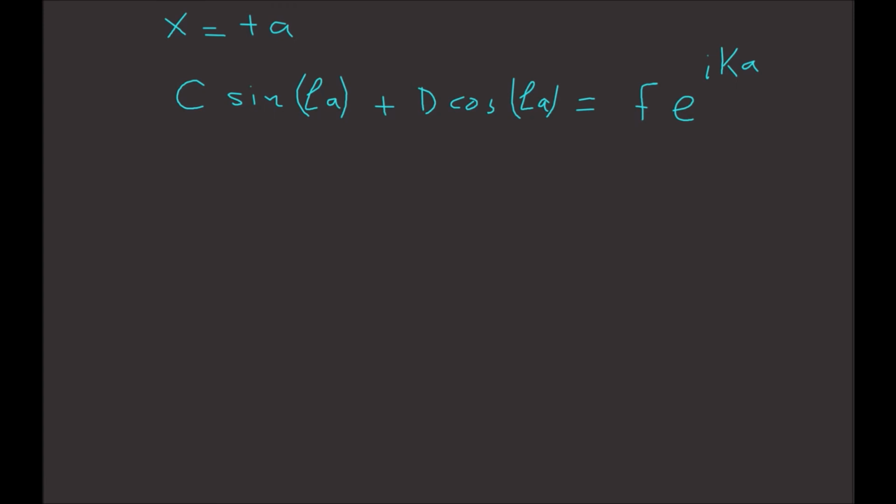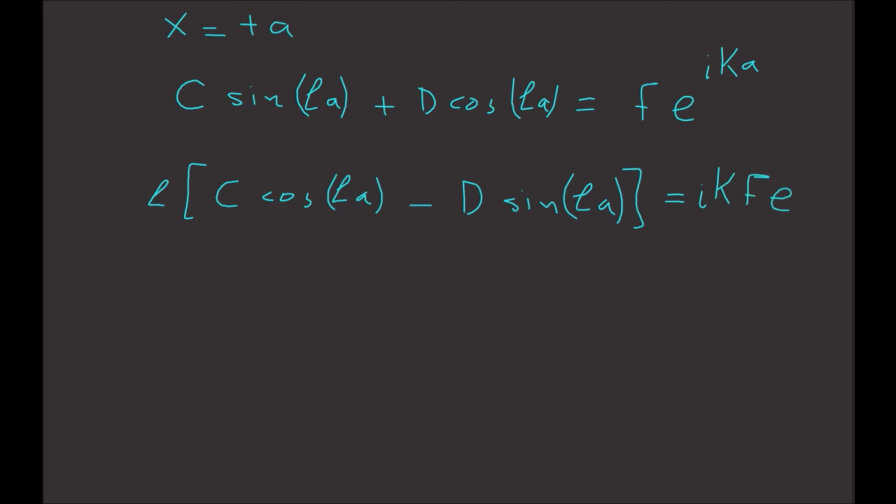Now the first derivative is also continuous at positive a, which follows that L times (C cosine of L a minus D sine of L a) equals i k times F times e to the i k a.